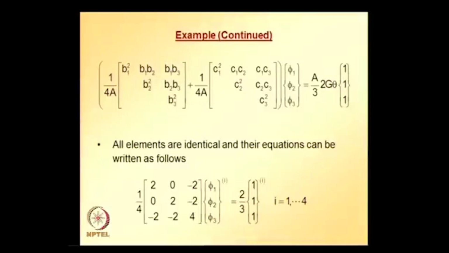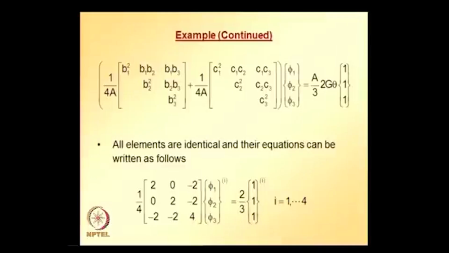For that we require to take a note of global node numbers and the corresponding local node numbers, and also please note that in this problem, that is torsion of a square bar, at each node we have only one unknown, that is stress potential value.